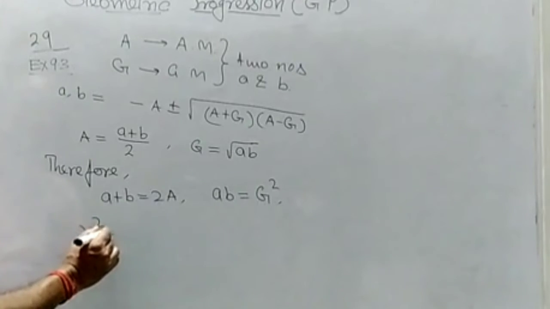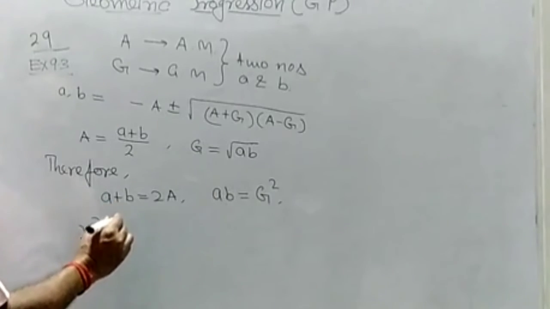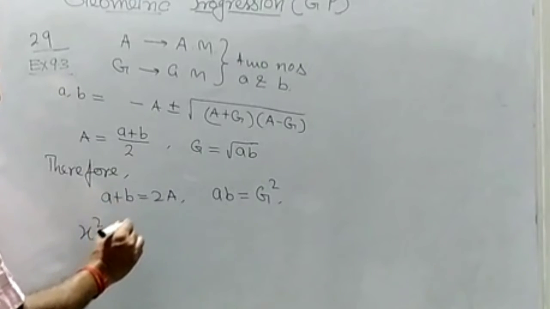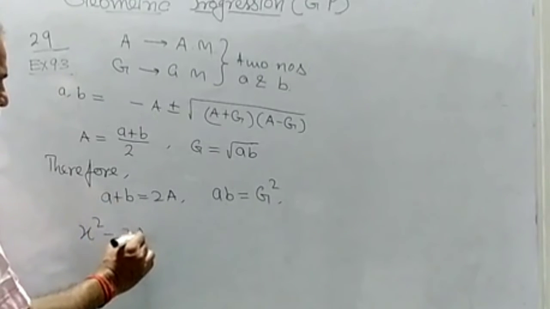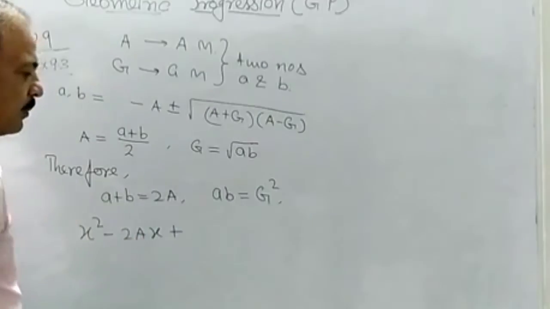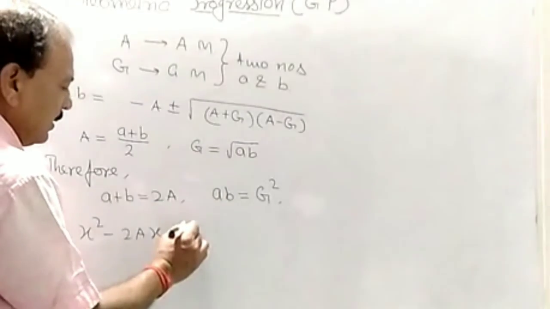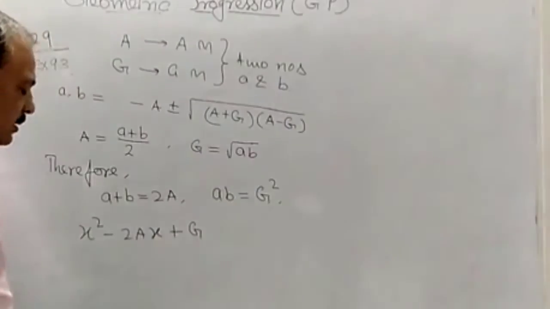The quadratic equation is x square minus the sum of the roots. The sum of the roots is a plus b, that is 2A, times x, plus the product of roots ab, that is G square.